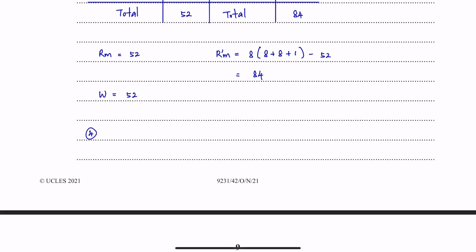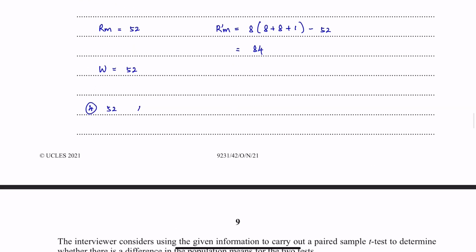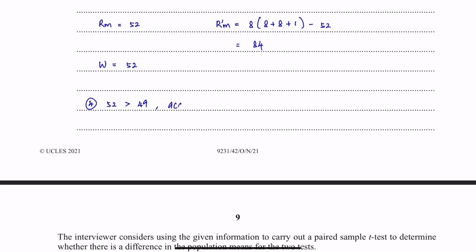So for the fourth step, we compare the test statistic and the critical value. The test statistic is 52 and the critical value is 49. And obviously 52 is larger. So when the test statistic is larger than the critical value, we accept H naught.